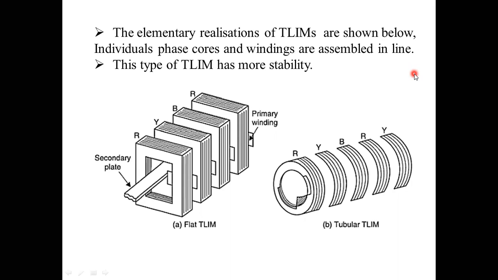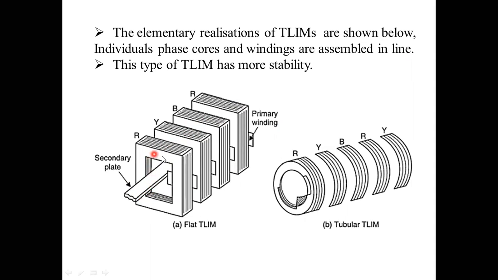Here, individual phase cores and windings are assembled in line. If you observe, this is the R Y B primary, R Y B primary, and this is the secondary plate.